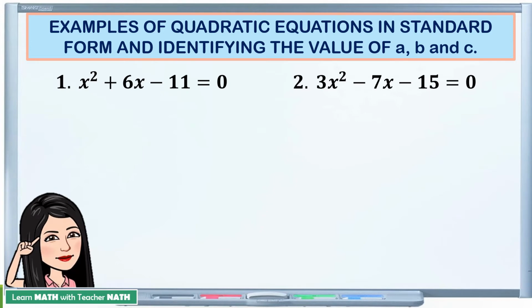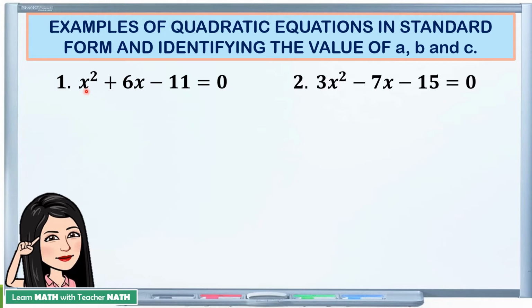Here are other examples of quadratic equations in standard form, and we're going to identify the value of a, b, and c. So in the first example, we have x squared plus 6x minus 11 is equal to 0. So let's identify our A. So, our A ay laging makikita sa quadratic term na laging kasama ng mayroong degree 2.